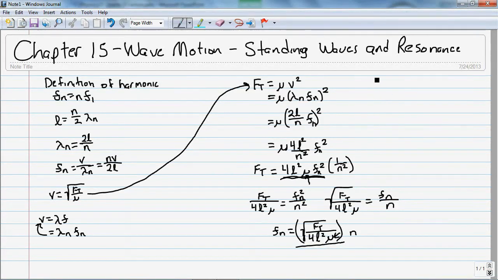So the lab is going to have you measure the value of mu using a scale, then calculate mu by changing the tension, and then calculate mu by changing frequency.